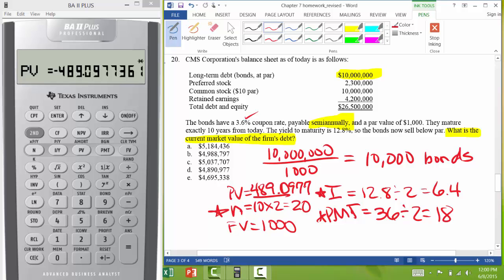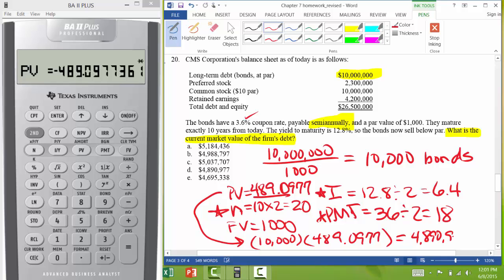Now, this is not the final answer, we need to go down here and take 10,000 bonds and multiply it times $489.977, and we would get $4,890,977 as our answer, which is answer D.